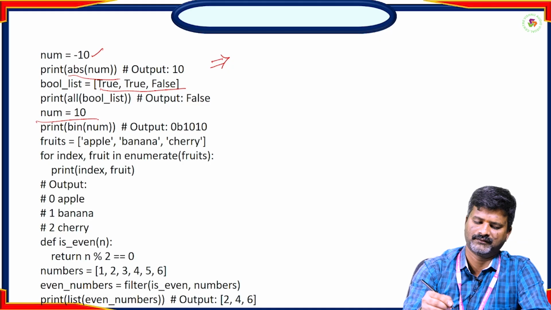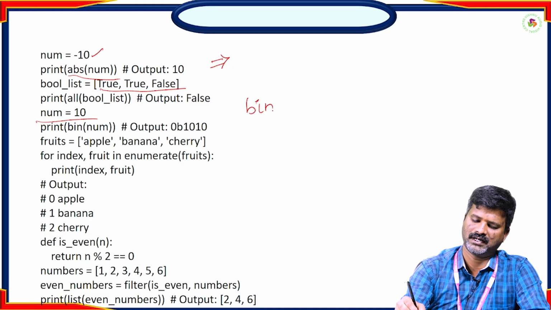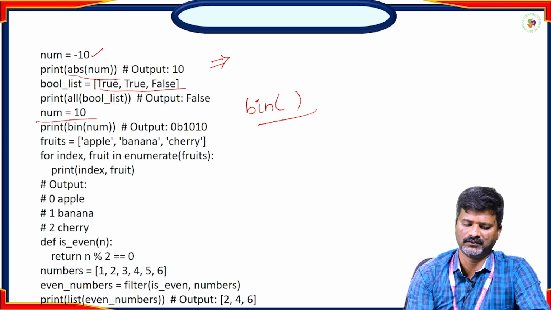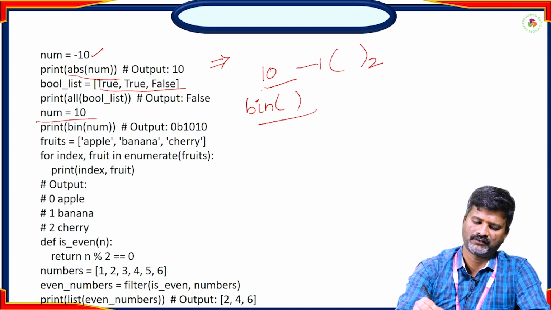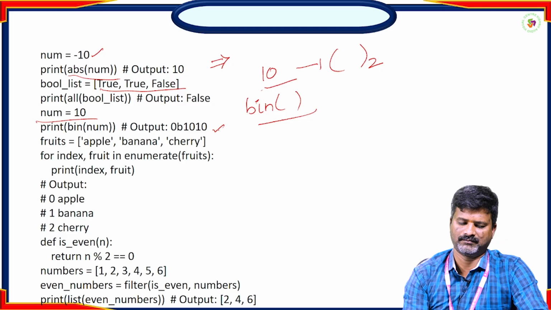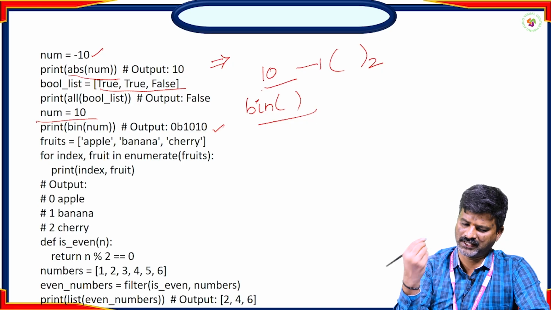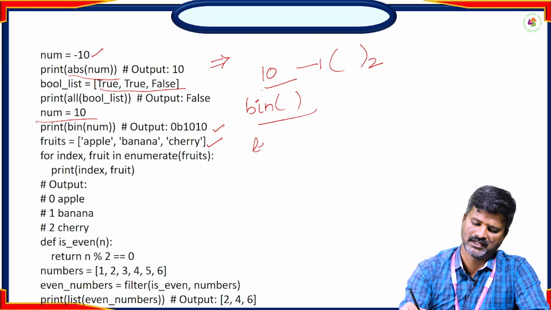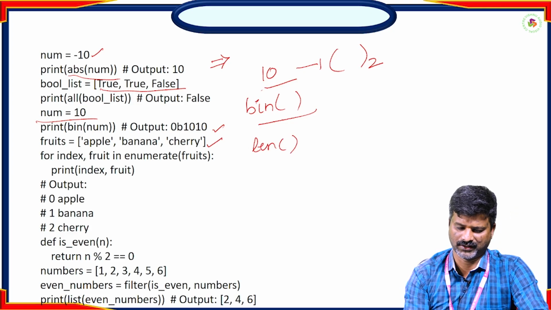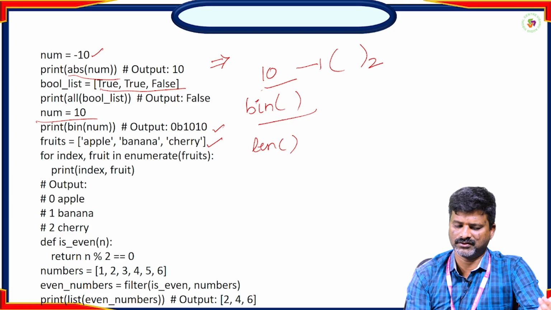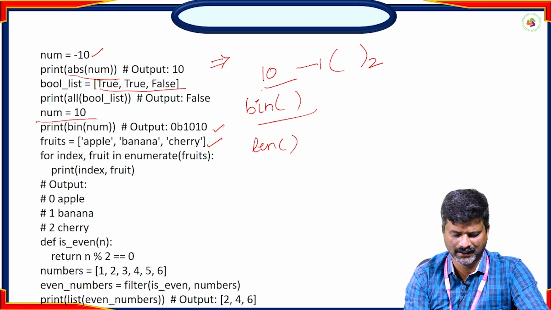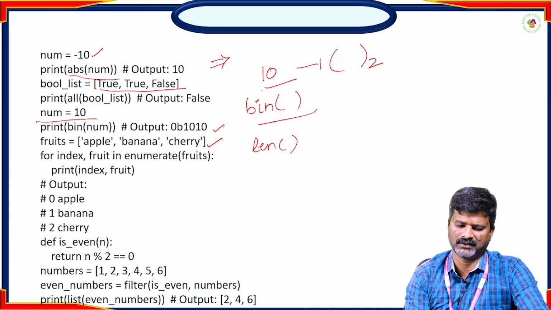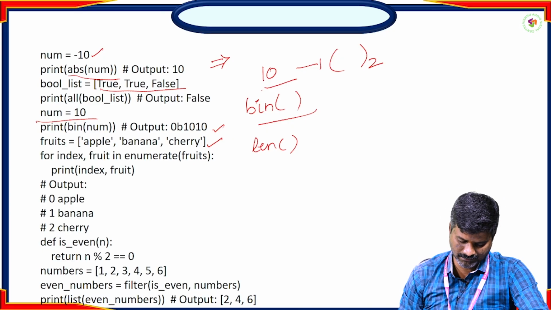Similarly, num 10, for example, I want to convert into binary, bin is a built-in function, it will convert that into a binary value. This particular input is a decimal value, I want to convert this decimal value into a binary number, then we are using bin as a built-in function. I want to find the length of these values, you can use len as a built-in function. Like this, maybe enumerate, we have multiple built-in or predefined functions. In our day-to-day programming we are using different functions. So that is about built-in.